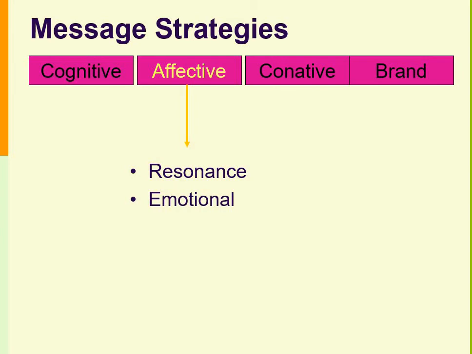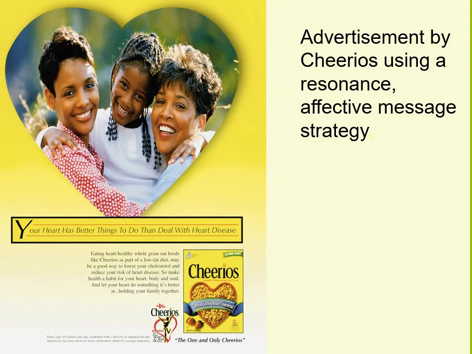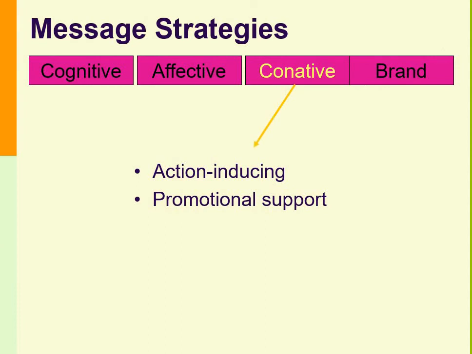The third message strategy is that which is targeted to the third component of the attitude, which is the conative component. Let me tell you that the conative component of the attitude is basically the bridge between the attitude and the behavior.